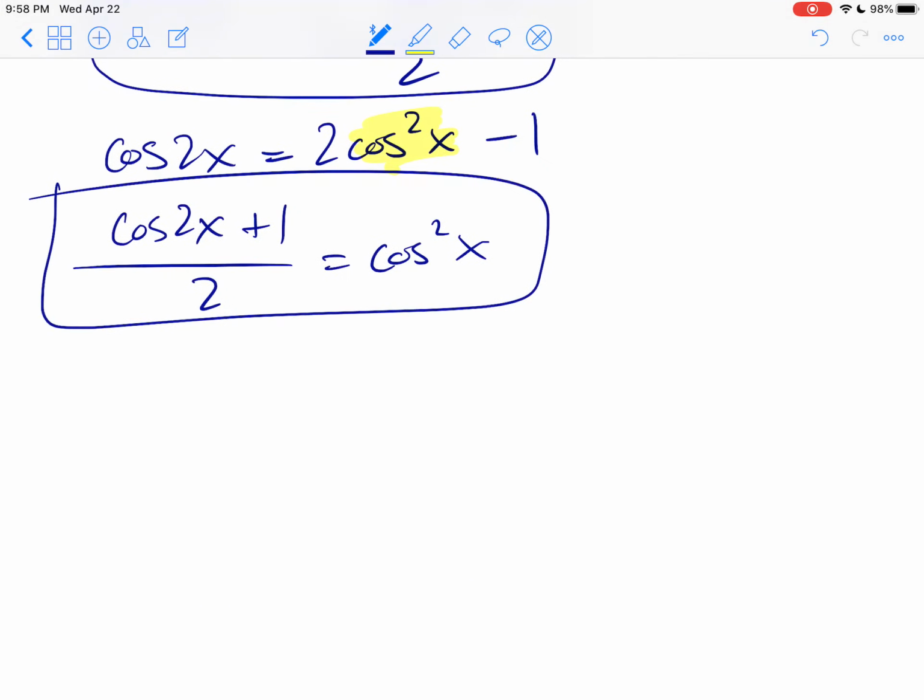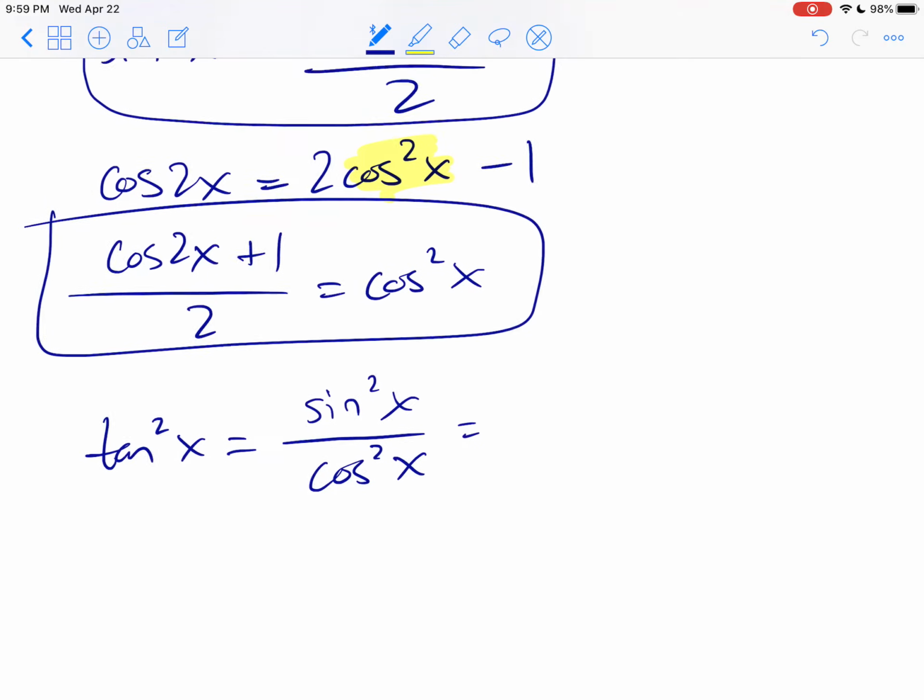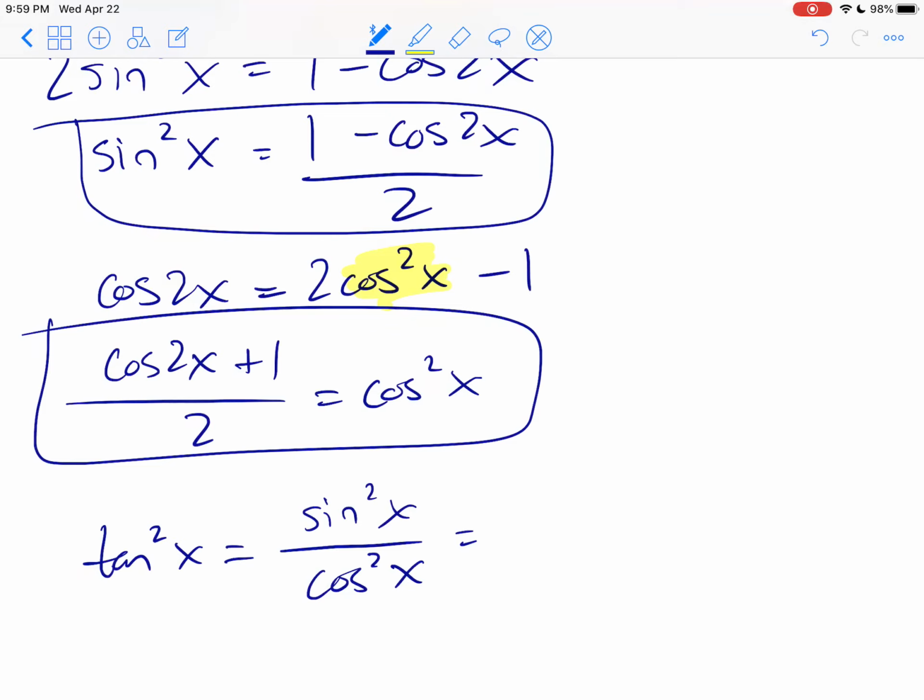And then for tangent, tan squared x is sine squared x over cosine squared x. And we know the power reducing formula for sine squared x is 1 minus cosine of 2x over 2.